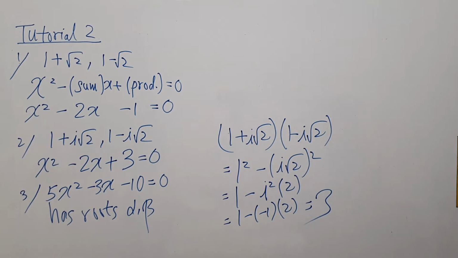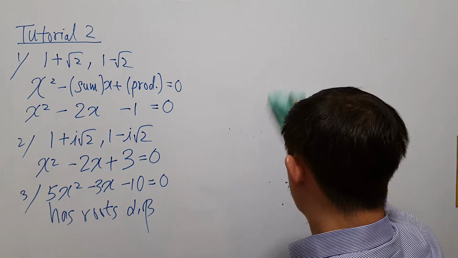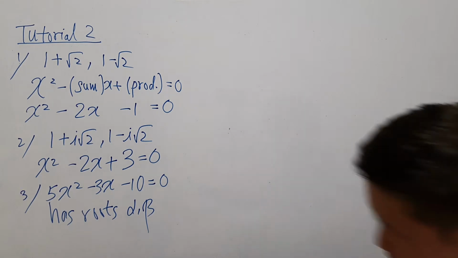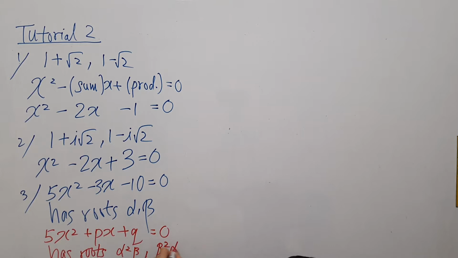Then it gives you a second equation, 5x squared plus px plus q equals 0, which has roots alpha squared beta and beta squared alpha.